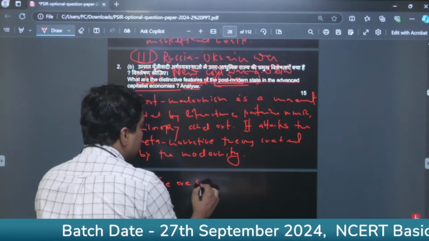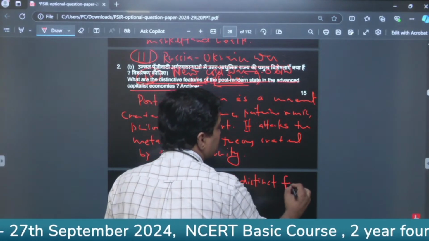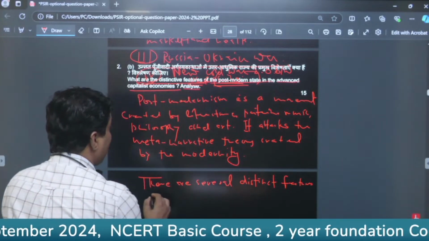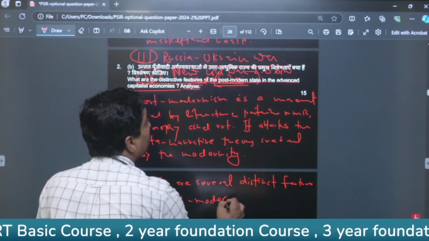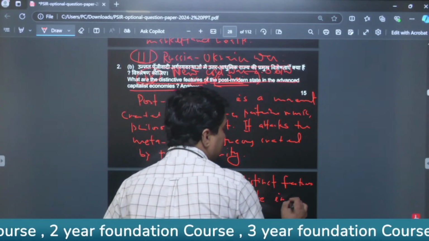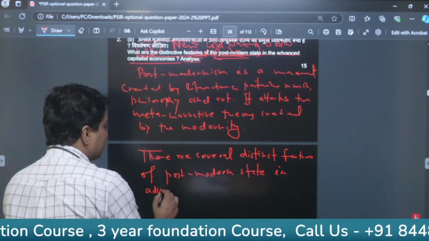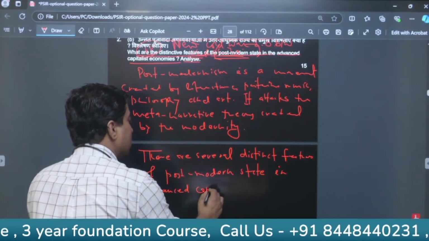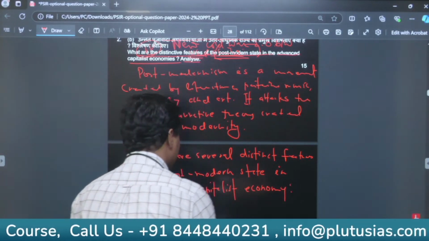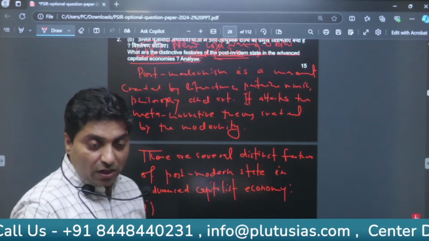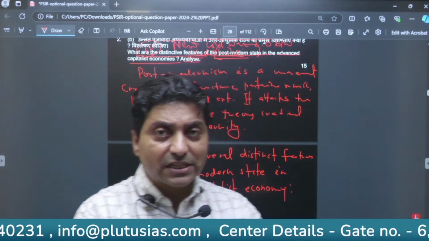There are several distinct features of the postmodern state in advanced capitalist economy. And the first is basically decentralization, right? The first is decentralization.